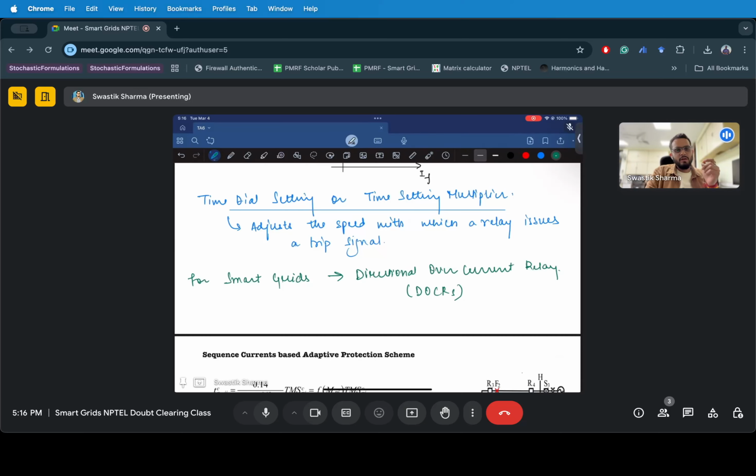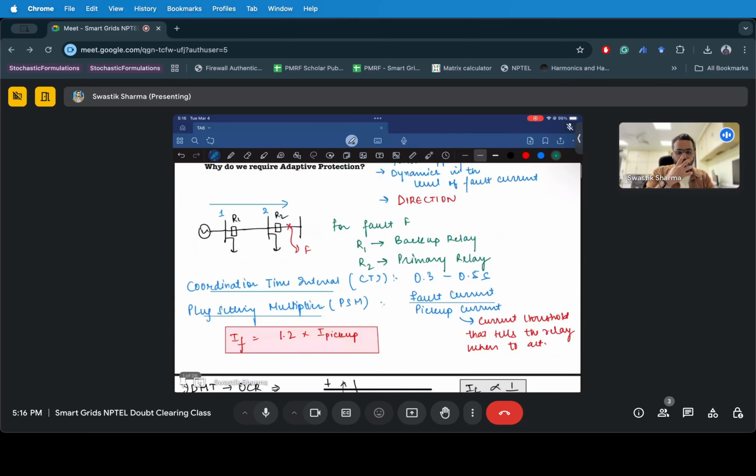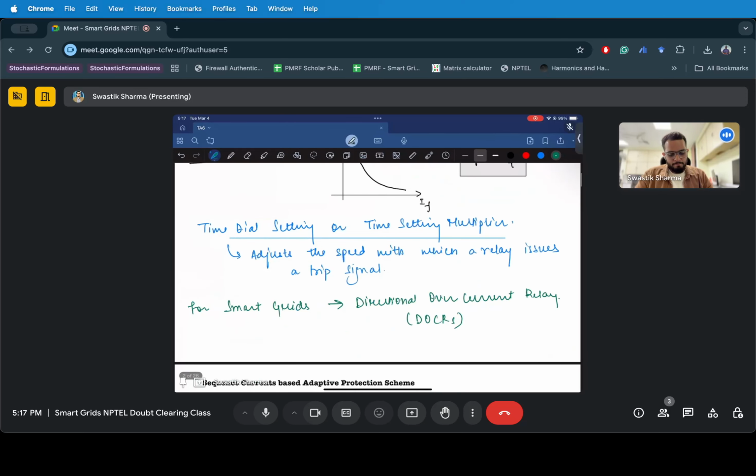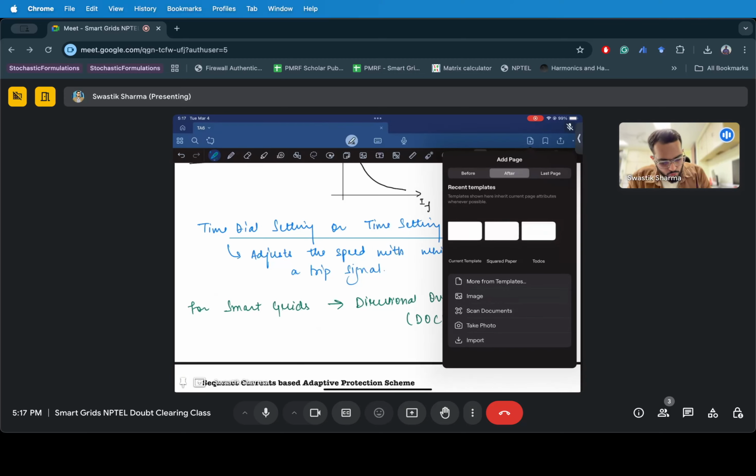These relays use all of these settings, and they have the manufacturer specified setting as well, to give you adaptive protection for the kind of usage that you want to devise from the relay, right? So let's talk about this DOCR.